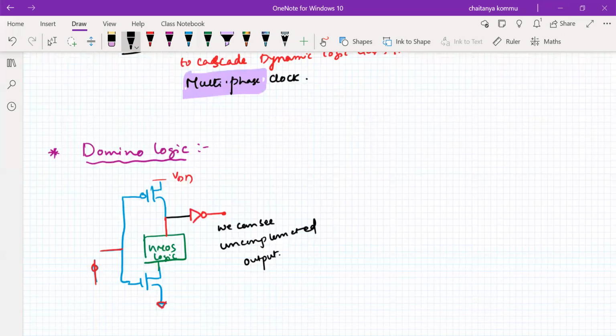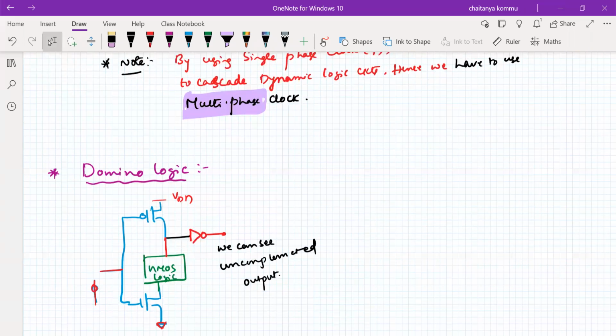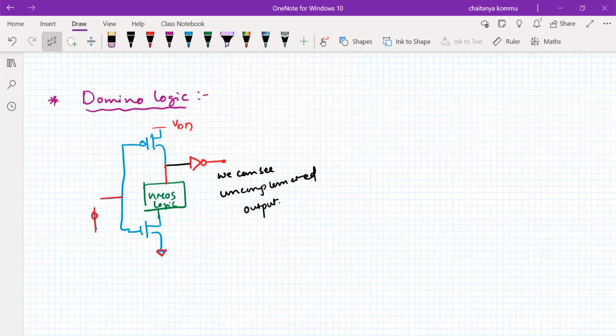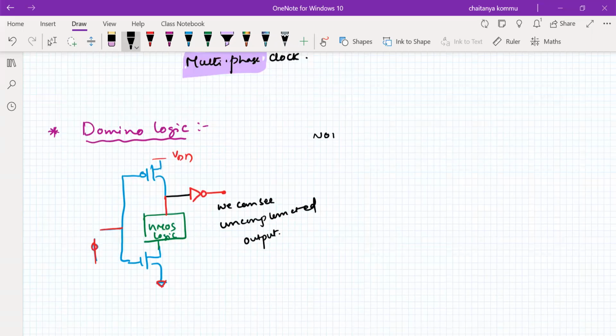So the problem with the dynamic logic circuit is well addressed by domino logic by just introducing the NOT gate at the output side. It is used to restrict evaluation in the succeeding stage while that stage is being precharged. So in the examination, people may ask for a domino NOT gate, and you should be in a position to write it.